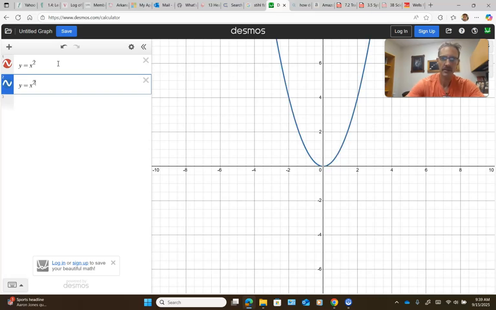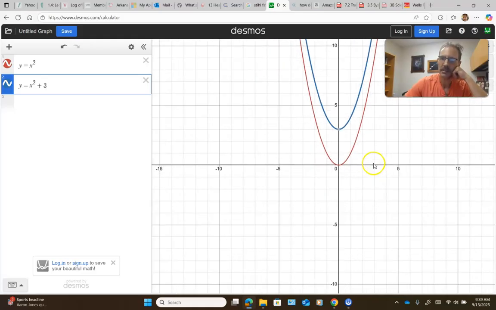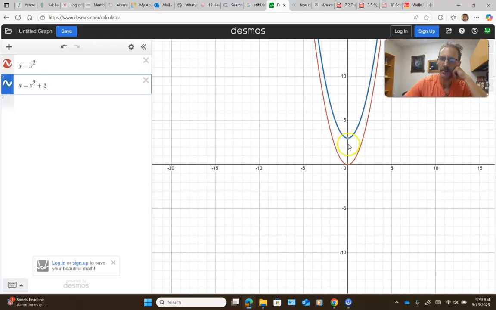So x squared. Now let's say plus 3. Look at that. Look at the one in blue. It is still a parabola, but it's shifted up 3 units. What's happening is 3 is being added to all the y-coordinates of all the points that make up the parabola, and that's what shifts it up.